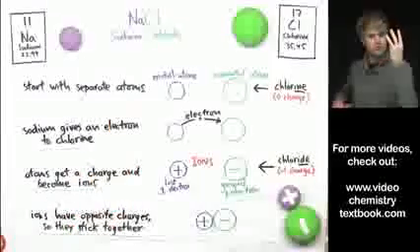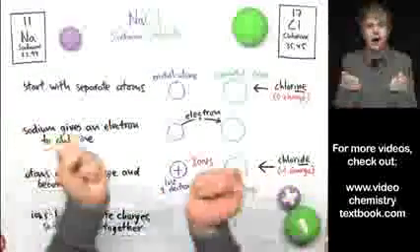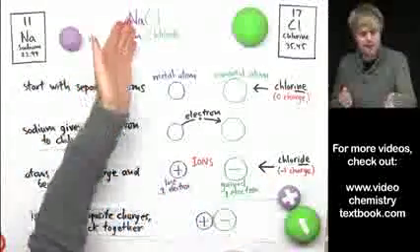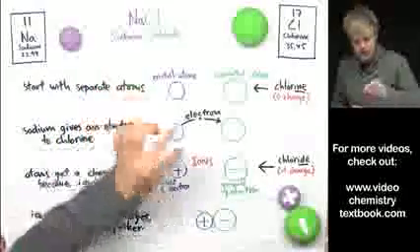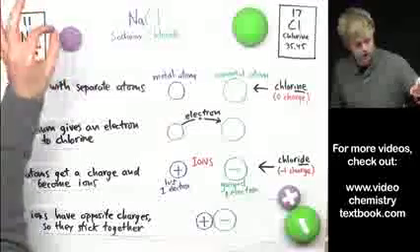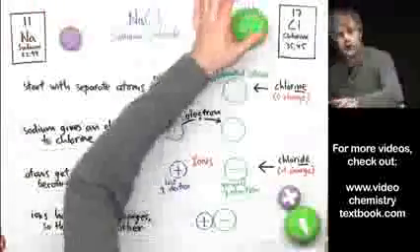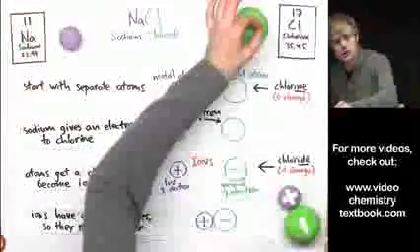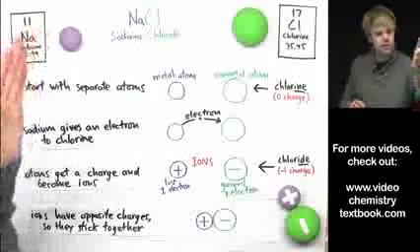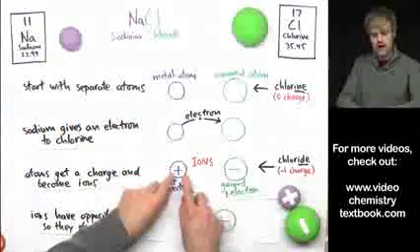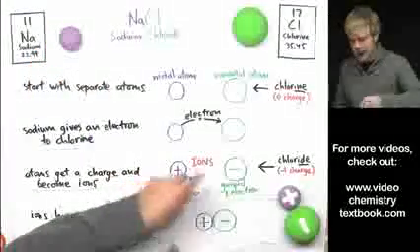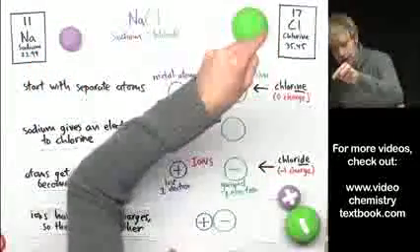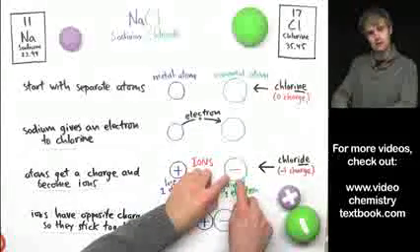There are really three important steps in an ionic bond forming. For the example of sodium chloride, here's what they are. The first step is an electron transfers from sodium to chlorine. Sodium gives one of its electrons to chlorine. Sodium loses an electron, so that gives it a positive charge. And chlorine, because it has gotten an extra electron, gets a negative charge.